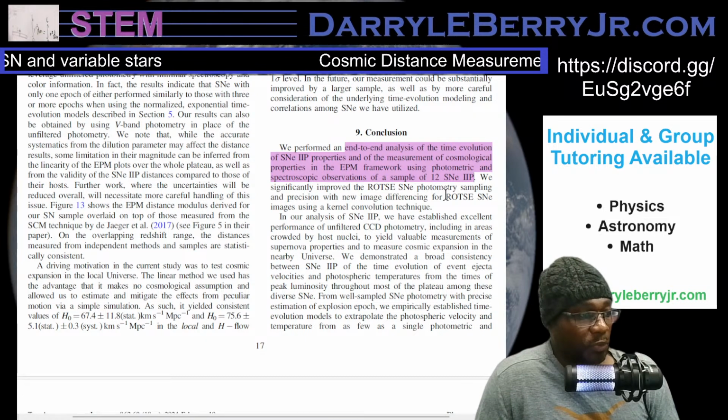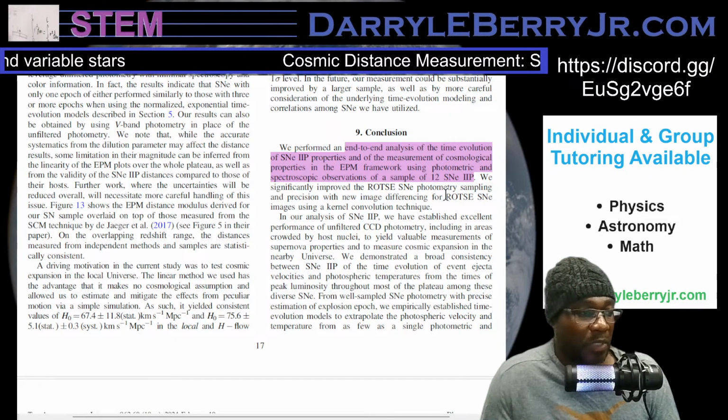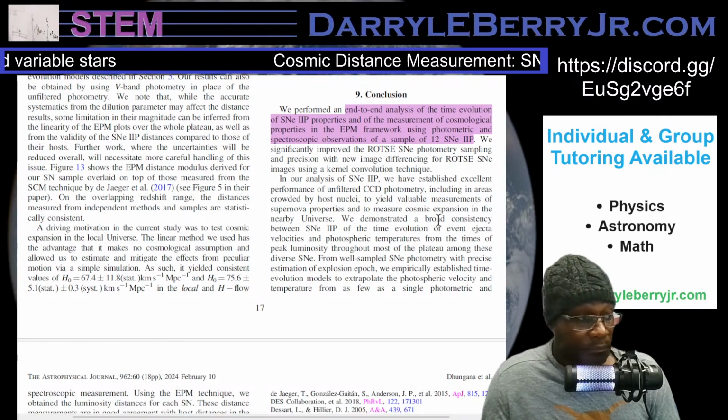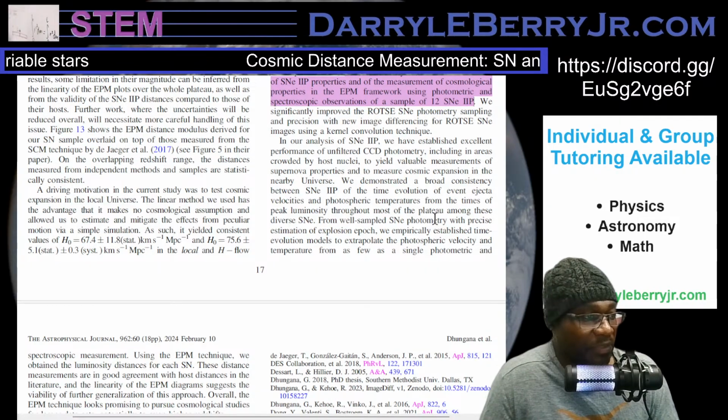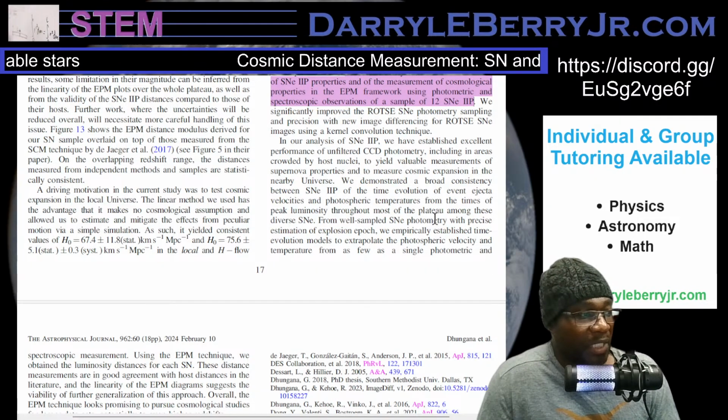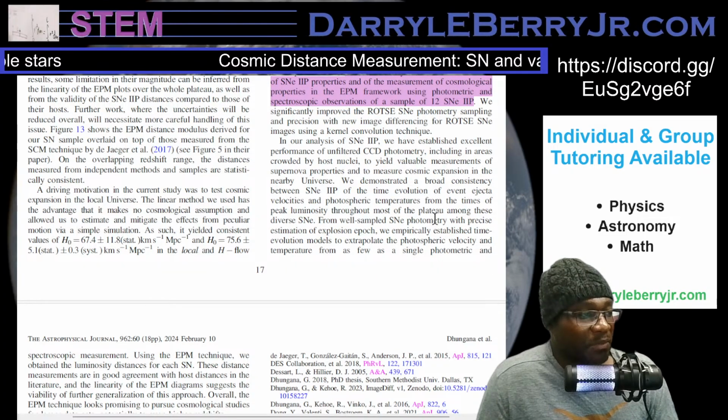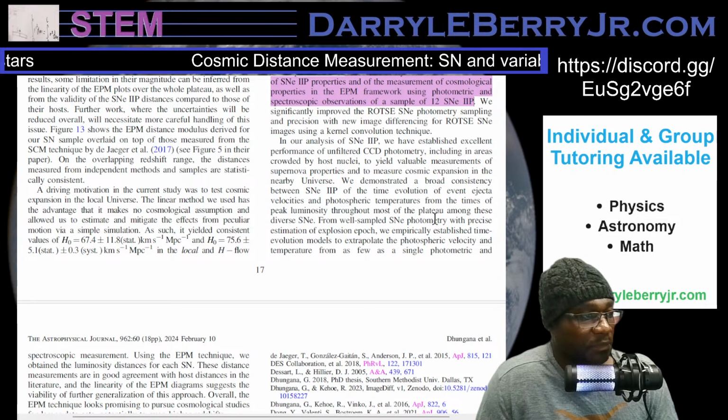We significantly improved the Rossi supernovae photometry sampling and precision with new image differencing for Rossi supernovae images using a kernel convolution technique. In our analysis, we have established excellent performance of unfiltered CCD photometry, including in areas crowded by host nuclei, to yield valuable measurements of the supernovae properties and to measure cosmic expansion in the nearby universe.